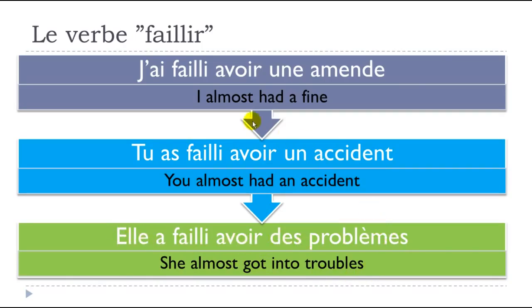So in these cases, you use faillir here, and you continue with avoir something. Tu as failli avoir un accident. Elle a failli avoir des problèmes. And it's quite useful. We don't use that all the time, but it's not rare when we use this expression and this verb faillir.